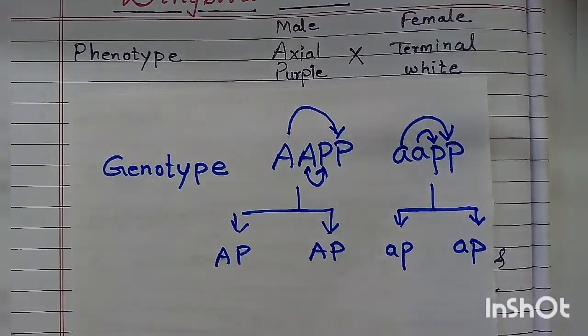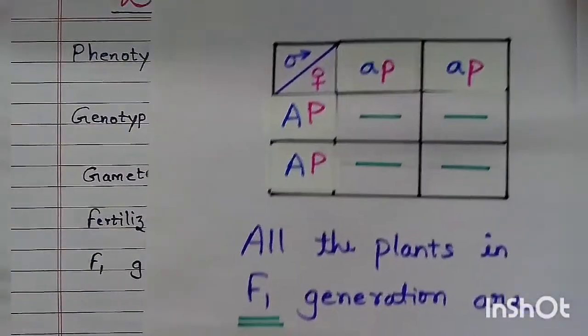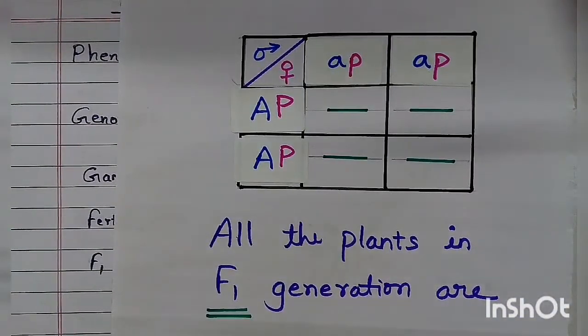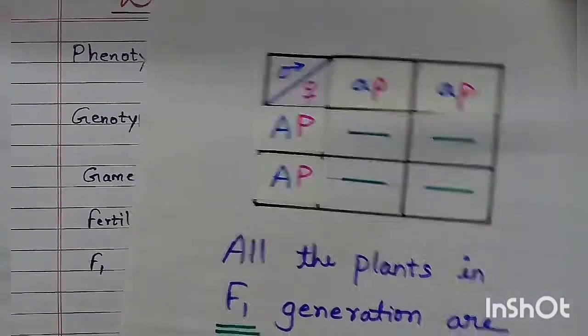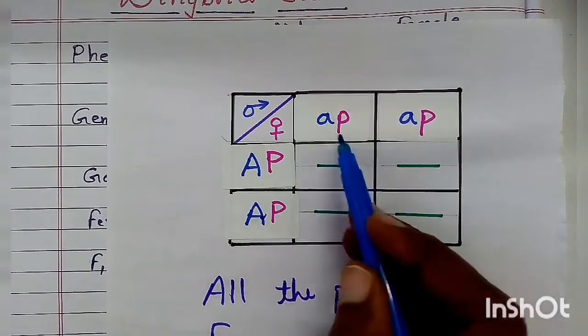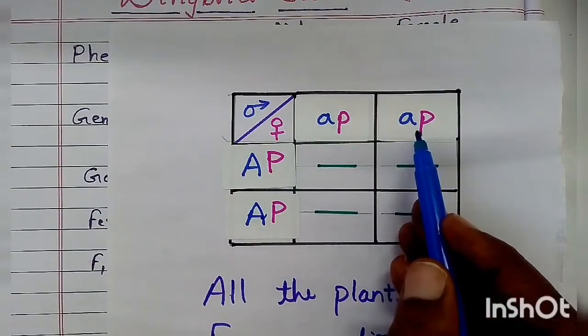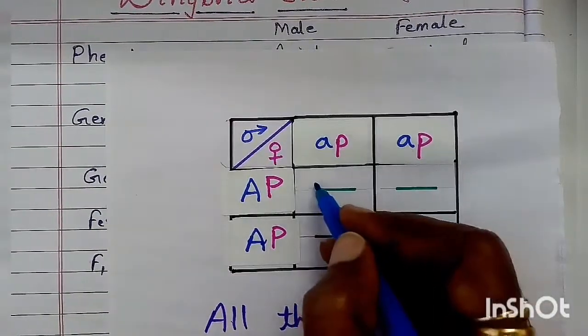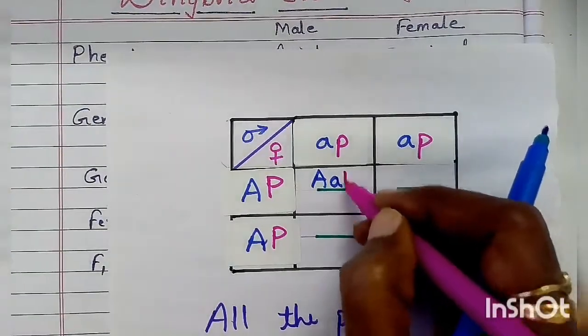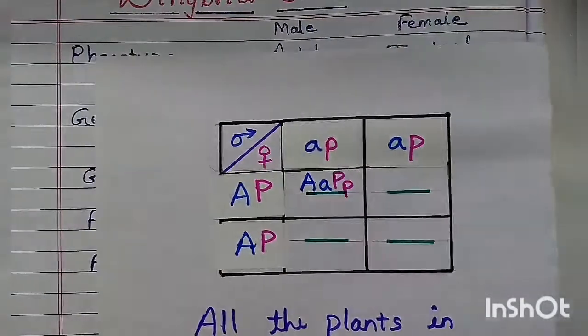Now let's see if we place these gametes in our checkerboard, what is the result that we are getting. See what we have done. We have placed male gametes on one side, and on the other side we have written female gametes. So what will it become? Capital A small a and capital P small p.